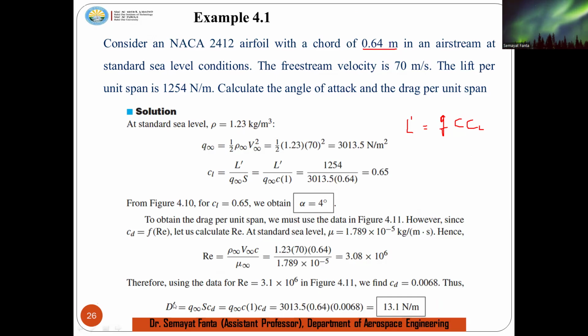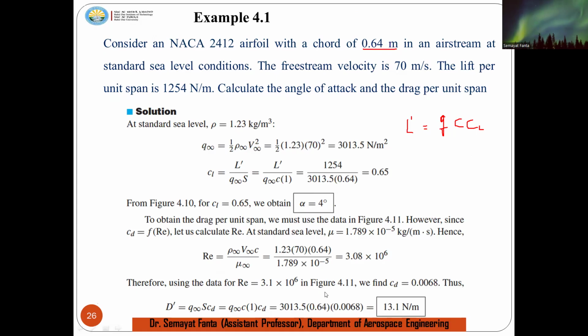And then we can calculate drag. So drag is equal to Q times S times CD. So CD is already obtained. S is given, 0.64. Q is already calculated. What we have used is unit area, so S is taken 1.